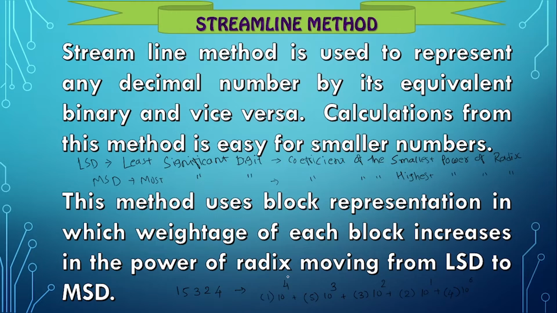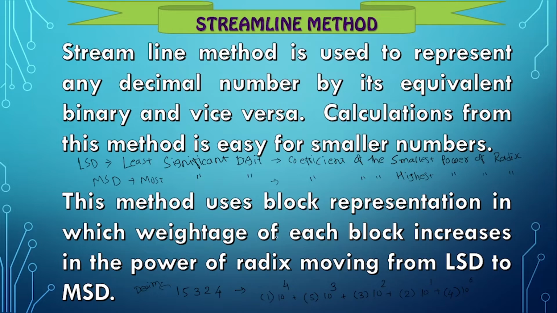A very interesting observation here is that all the coefficients must be characters of that number system. Here 15,324 is a number of the decimal number system, so 1, 5, 3, 2 and 4 are all characters of decimal.